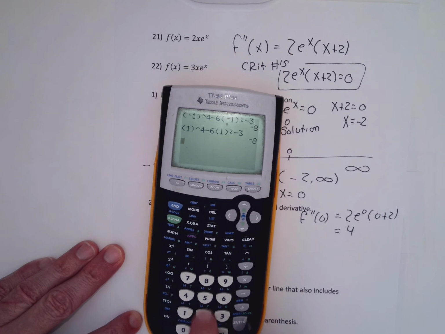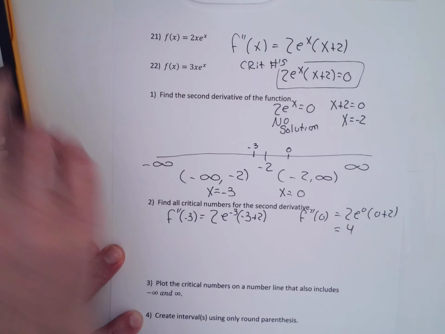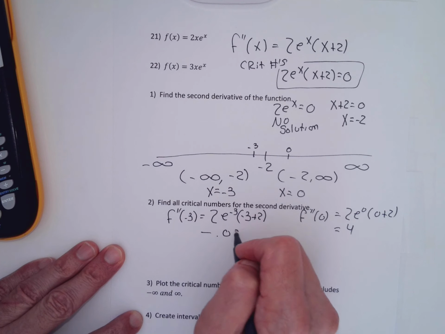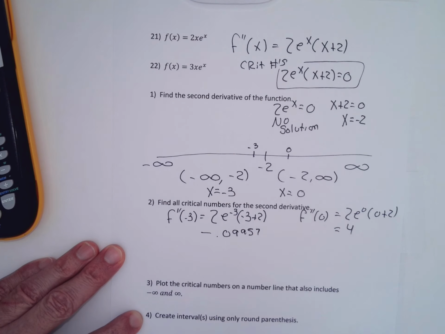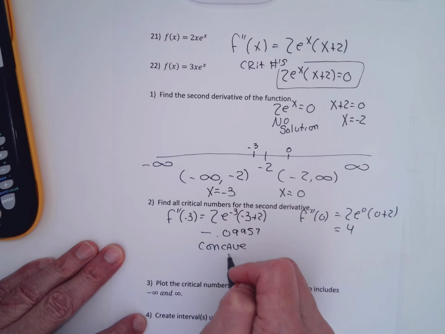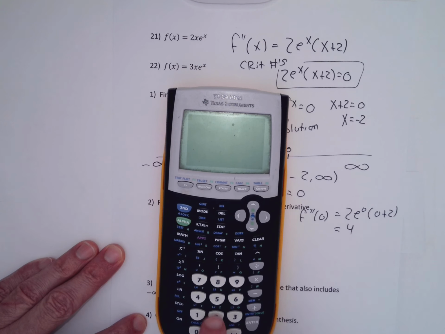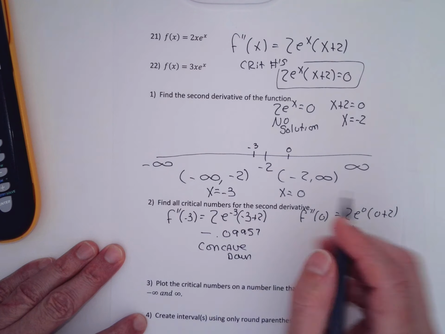So 2 second ln e to the -3 times -3 plus 2. And I get -0.09957. It's negative. That's the important part. So the graph is concave down in that region. Second region, 2 second ln e to the 0 times 0 plus 2. I get 4, which means the graph is concave up in that region.